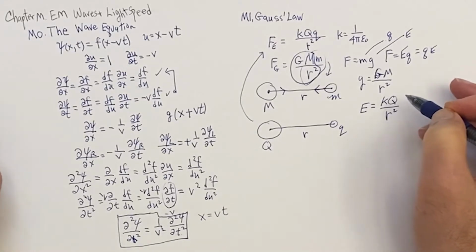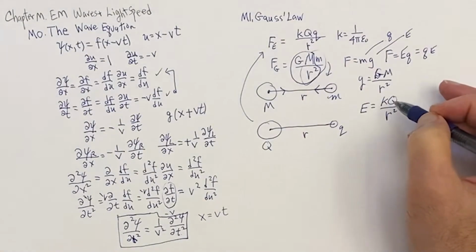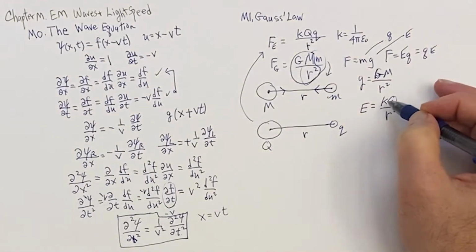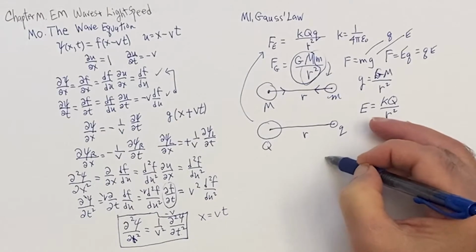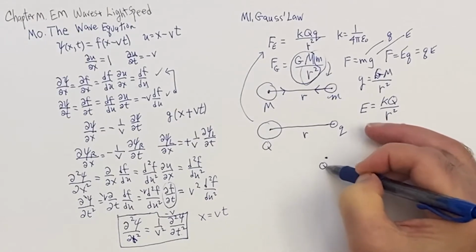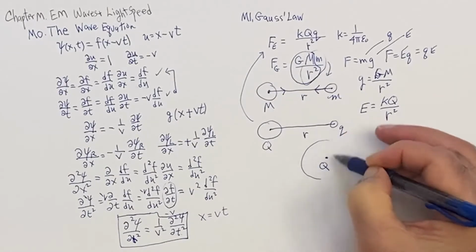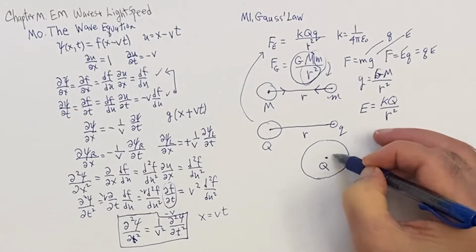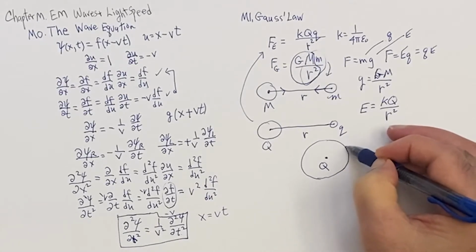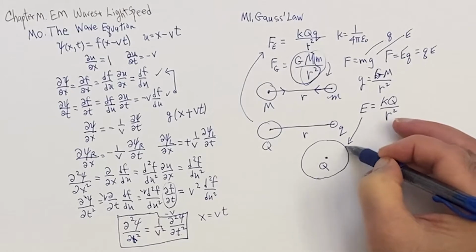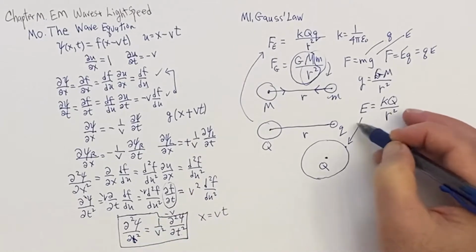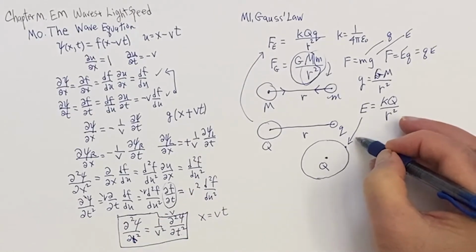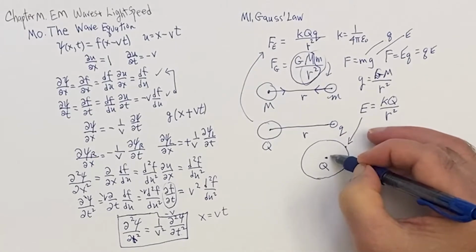And Gauss's law is a very, very interesting way of looking at this. What you do is you consider the charge Q, big Q, and then make a sphere around it. And on that sphere, the electric field, which is like the force per unit charge, little q, is going to be the same all the way around.